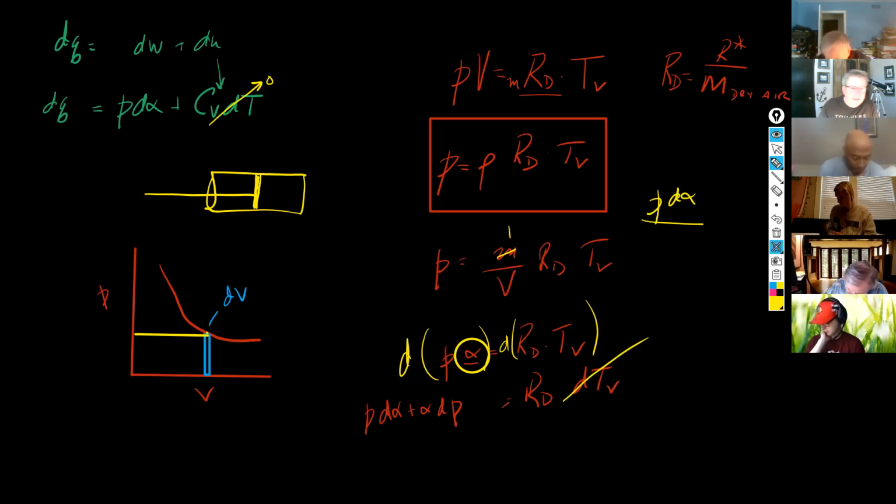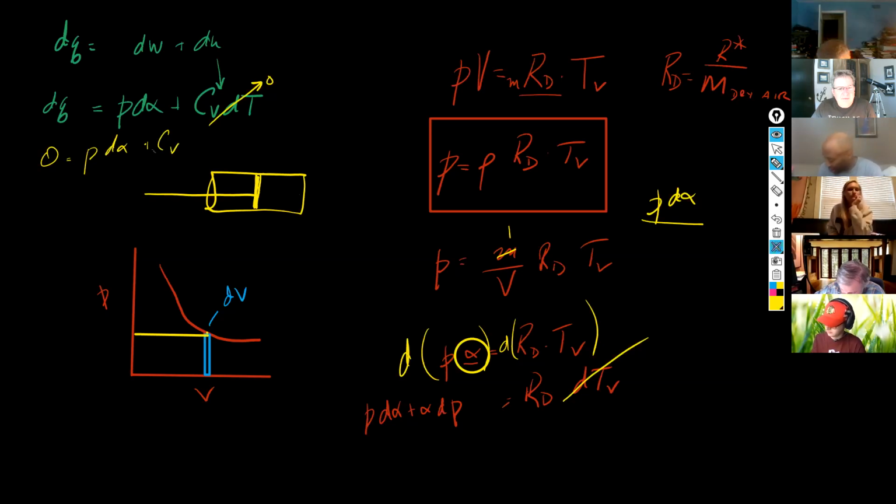You push it in, it'll get warmer. Because it's adiabatic, we look at the adiabatic form, 0 equals P d alpha plus CV dT. So I think it's pretty obvious if you measured this, you would be able to determine how much temperature you increase. That's 0 equals P d alpha plus CV dT? Yes.